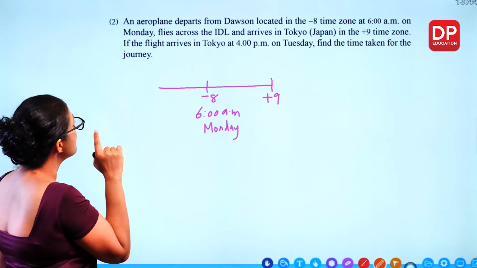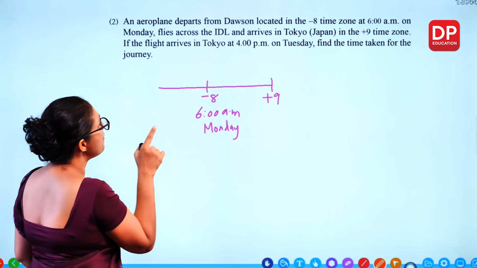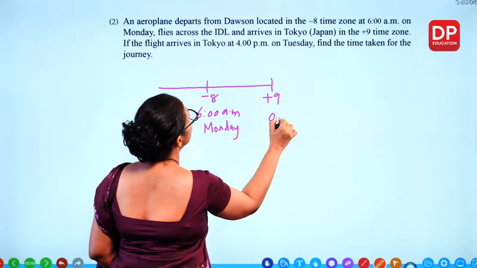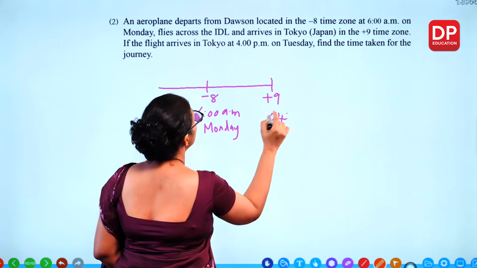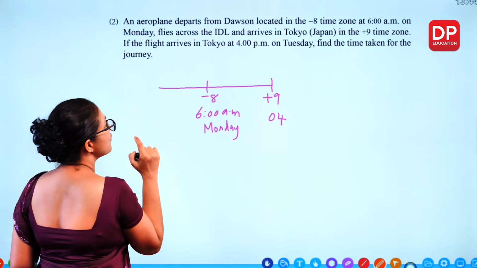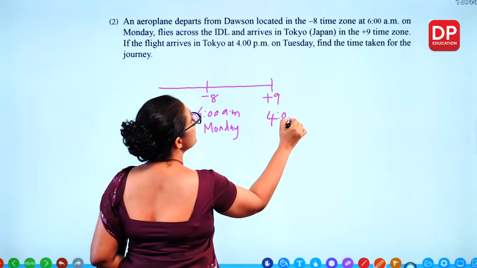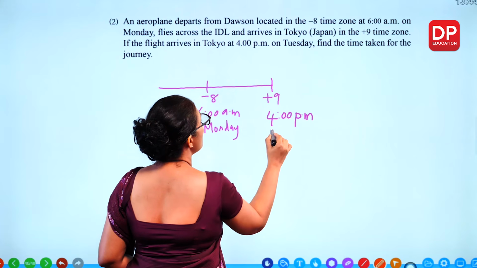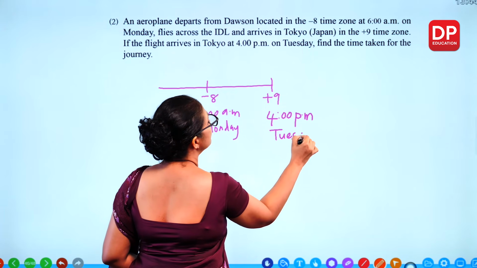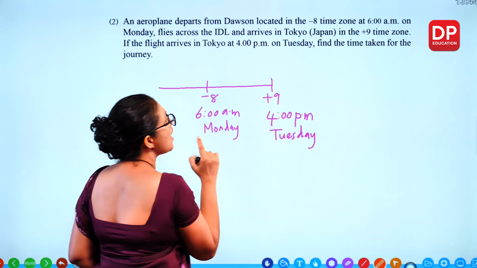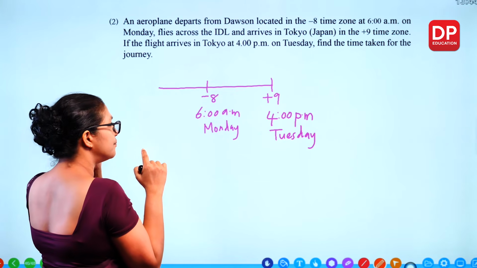If the flight arrives in Tokyo at 4 p.m., you have to write in standard notation. So I'll write 4 p.m. now, on Tuesday, find the time taken for the journey.